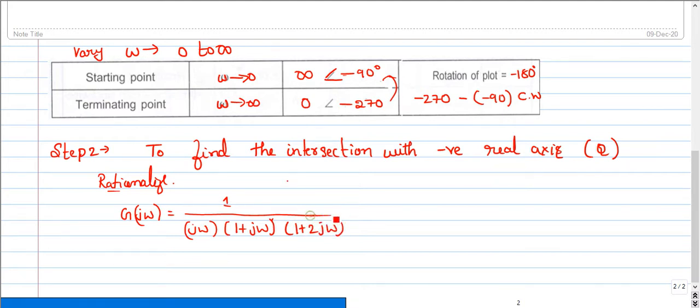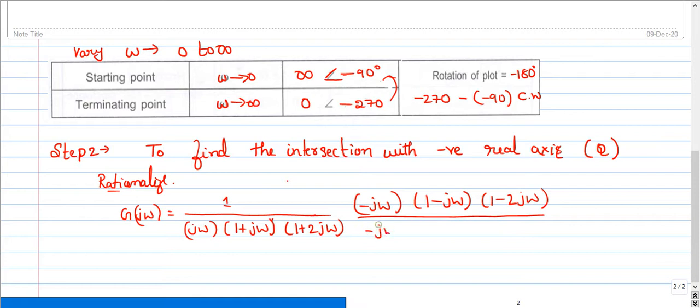To rationalize, you need to multiply both numerator and denominator with the opposite sign, that is minus j omega, followed by 1 minus j omega, 1 minus 2j omega. So the denominator is minus j omega, 1 minus j omega, 1 minus 2j omega.